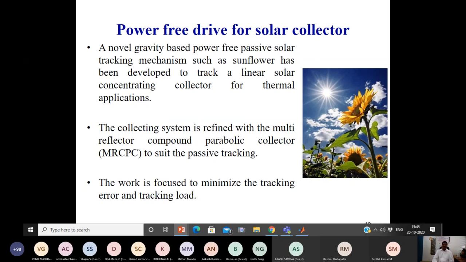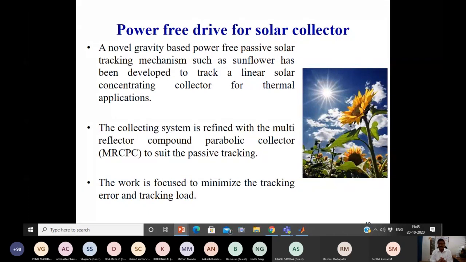Okay, the next, third point is the tracking unit. This solar geometry we applied for assessment of the solar radiation and some predictions. Then, from the geometry point of view, for product development, how to develop some collector system, especially the solar tracking unit using solar geometry, the first point is a power free tracking system.